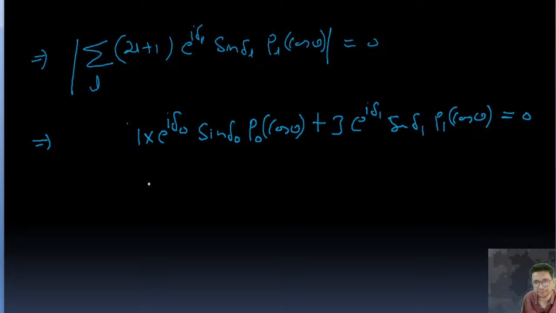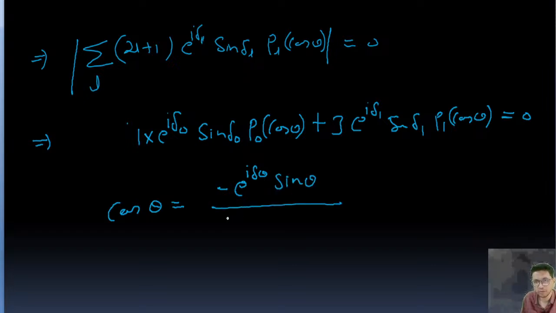So from here, cos theta is going to be minus e to the power iota delta, sin theta upon cos theta.